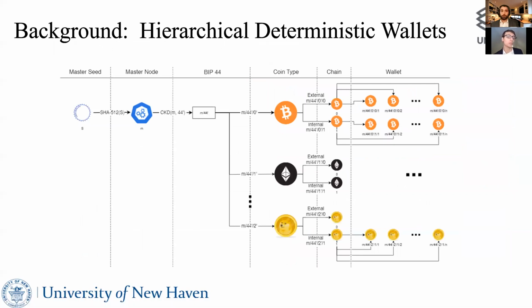So the reason why we have this level of anonymity is because a lot of cryptocurrency wallets implement a technology known as hierarchical deterministic wallets. And what this means is that you start with a master seed and a master key pair that all other key pairs are derived from, and you begin to create this tree of keys as we move rightward.